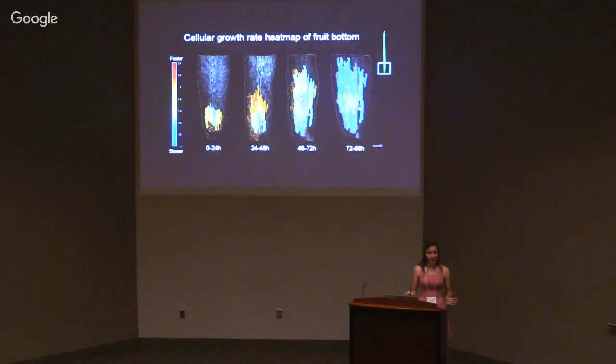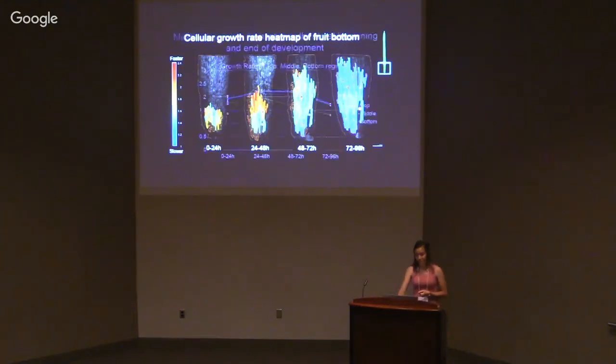This is in striking contrast to the bottom portion of the fruit, where by the last 2 time intervals, almost all of the cells are blue and green, which indicates that the cellular growth rate has decreased substantially by the last 2 days. And if you remember, that's in stark contrast to the top and the middle portions of the fruit.